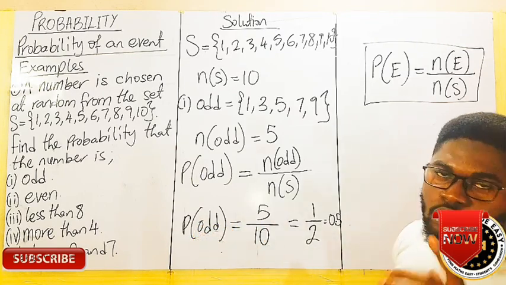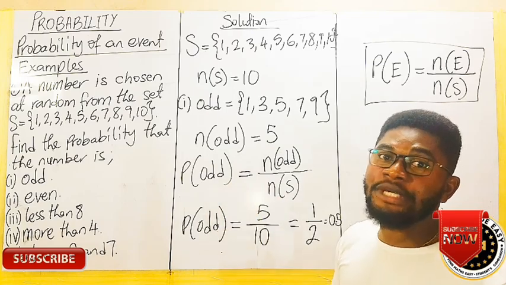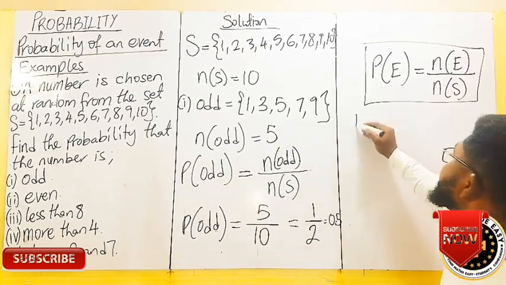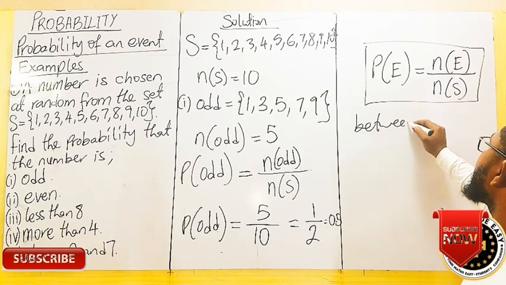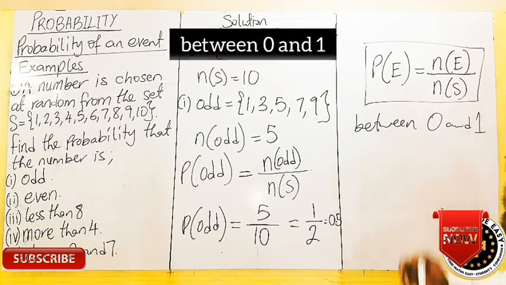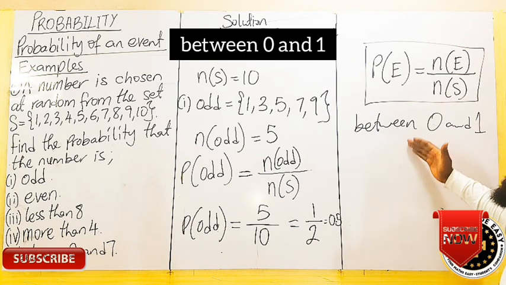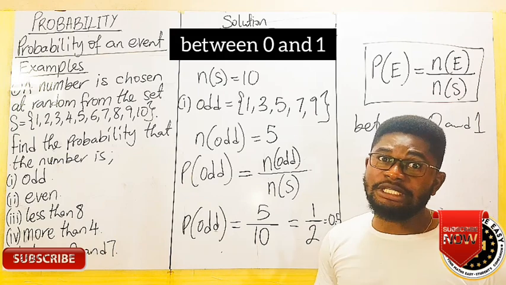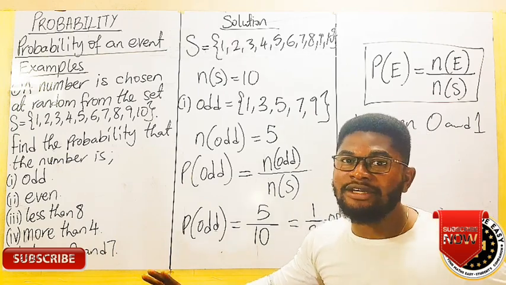One thing I want you to know is that probability values, or the final answer for probability, are between 0 and 1. That means it can never be negative. So note, no negative answer for probability.